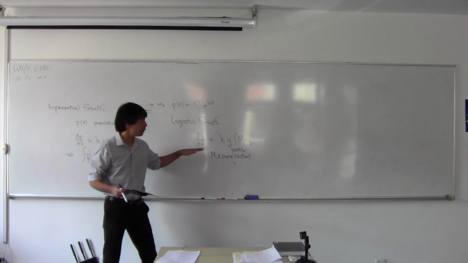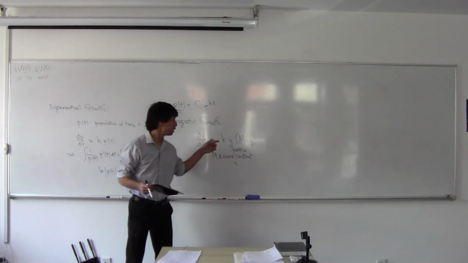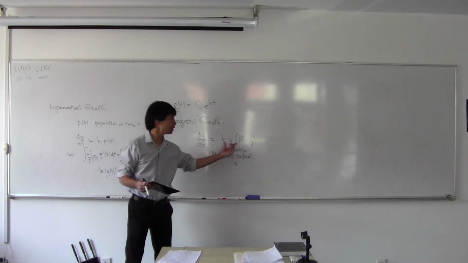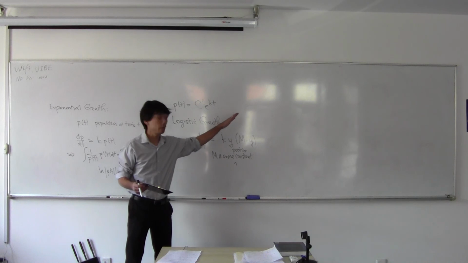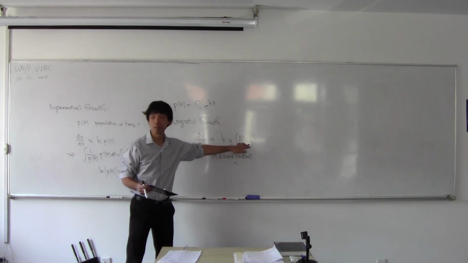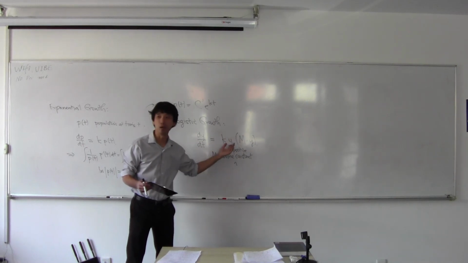So you see what happens in this case, right? The derivative is proportional to ky, but as y increases, you get closer to m, and then m minus y becomes small.